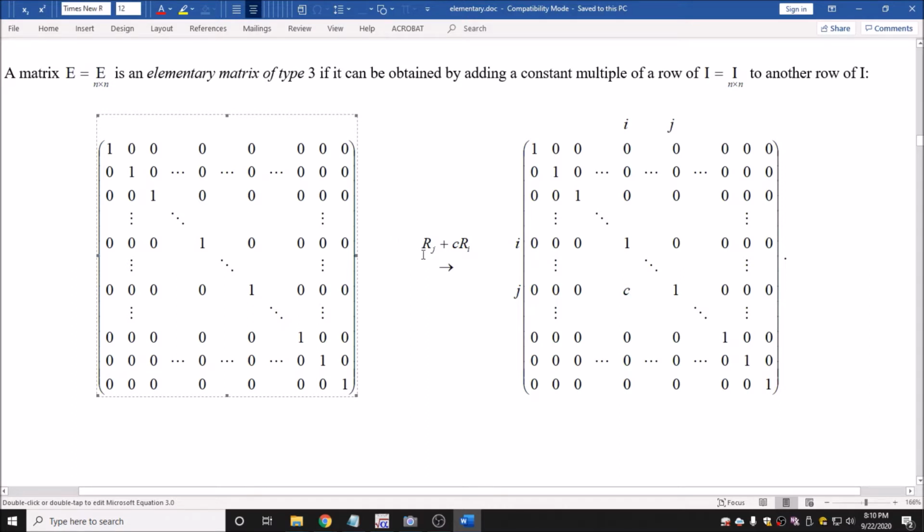We're applying a type 3 elementary row operation where we are taking row J and adding C times row I to it. So we took row J, multiplied row I by C, and added to row J. And this is the resulting matrix. This is a type 3 elementary matrix.